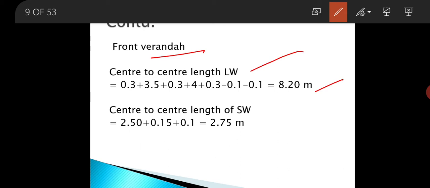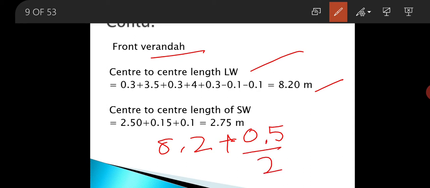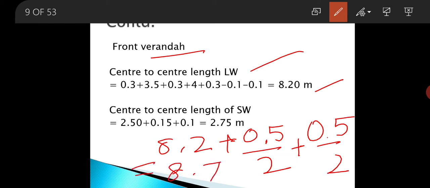So with 8.20, we will add half of the width of the footing. What is the width of the first footing? That is 0.5. Clear? So this will give you the length as 8.7. Then what will be the breadth? Breadth is equal to the width of the first footing, that is 0.5.